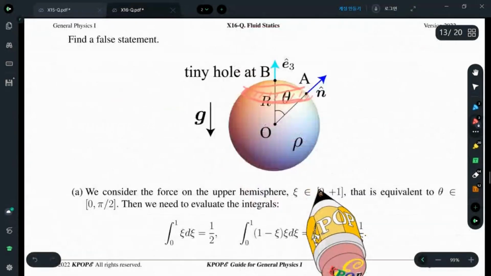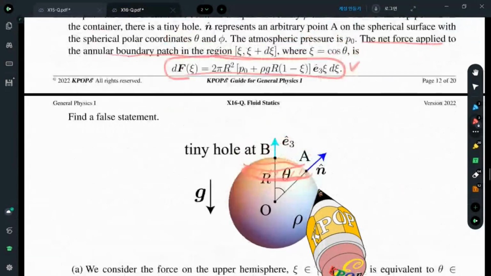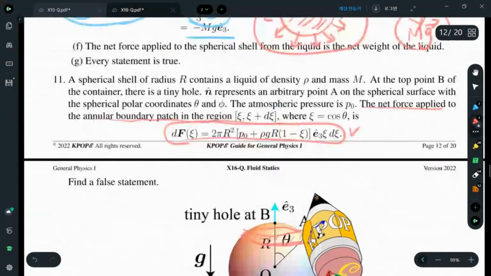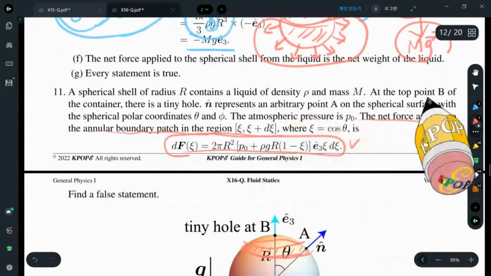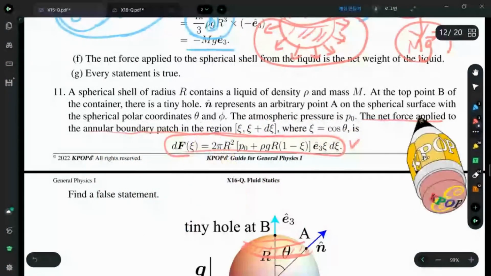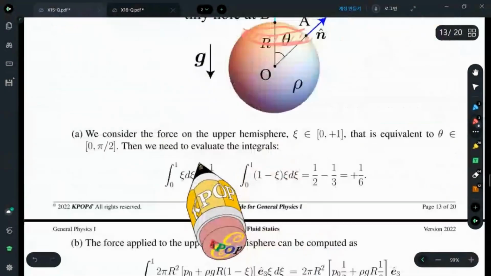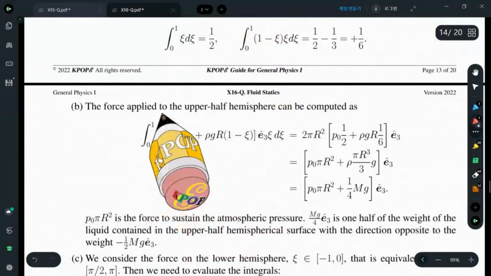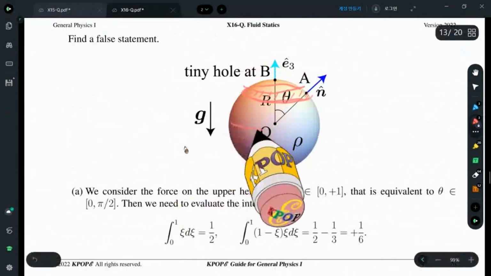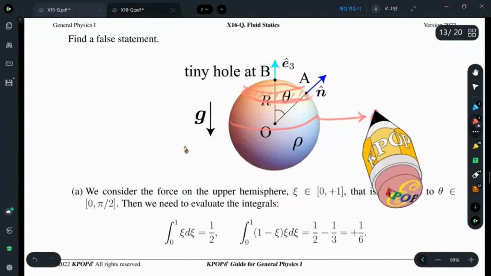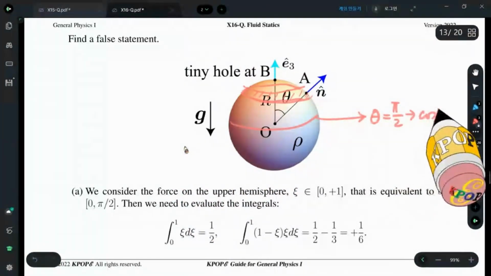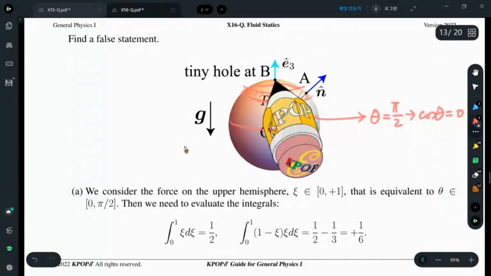Now, let us compute the force applied to the, let's see, we are integrating from 0 to 1. 0 to 1 means this is theta equals half a pi and cosine theta equals 0.